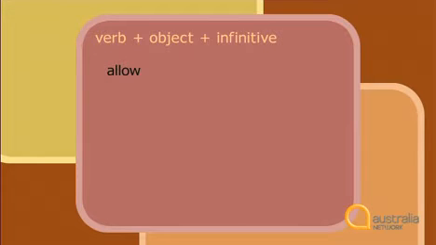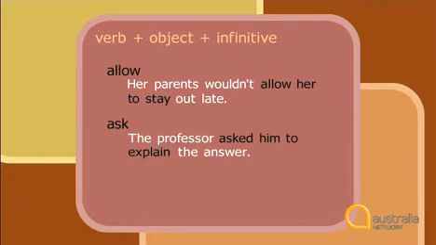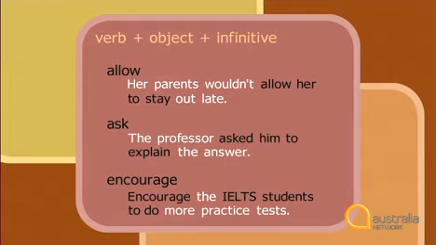Allow is one example. You could write, her parents wouldn't allow her to stay out late. Some other examples are ask. The professor asked him to explain the answer. And encourage. Encourage the IELTS students to do more practice tests.